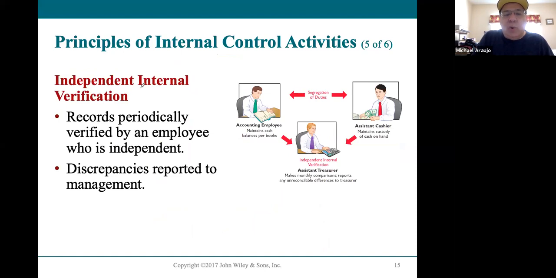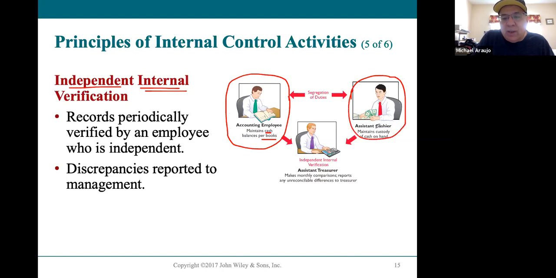It's usually important that someone on the inside of the company provide what's called an independent verification of what's going on. So let's go back to our separation of duties, where you had the employee who is just doing the bookkeeping for cash, separate from the employee who actually is keeping the physical cash. So you've got the physical cash right here versus just the bookkeeping, right?